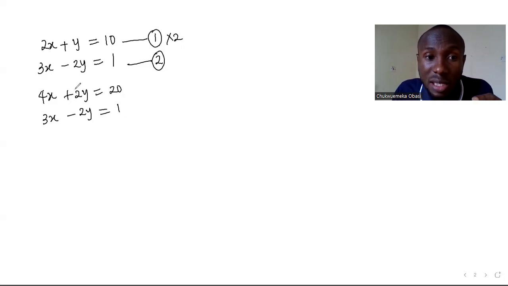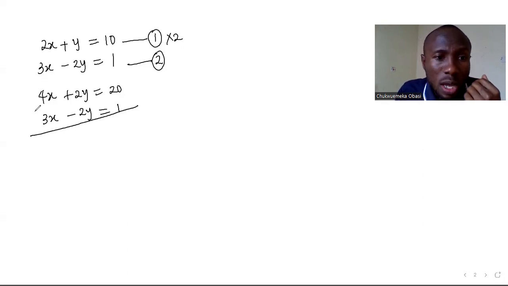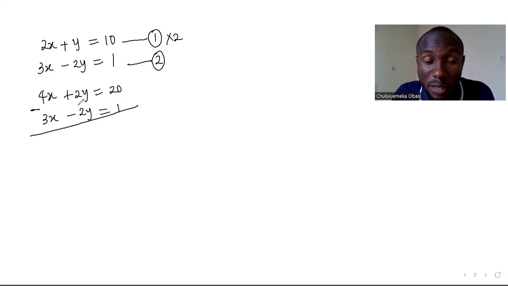Now, you see, I have 2y here and negative 2y here. So how can I eliminate it? Well, if I decide to subtract, 2y minus negative 2y will be 2y plus 2y, which is 4y. So subtraction will not eliminate the variable y. What's going to eliminate the variable y is addition.